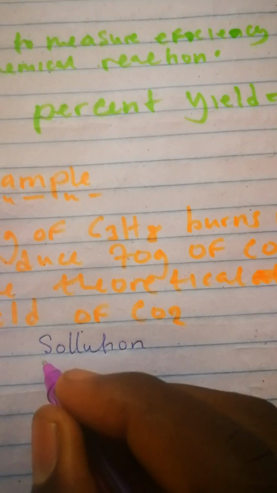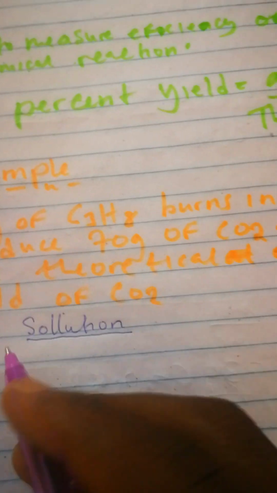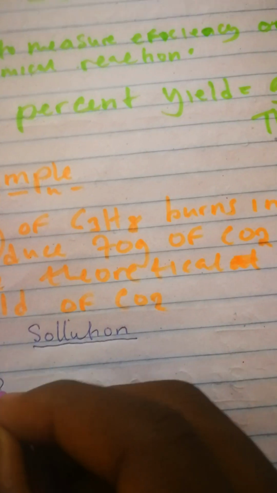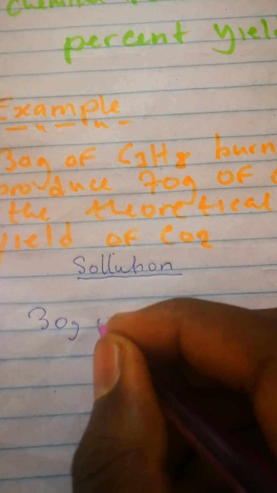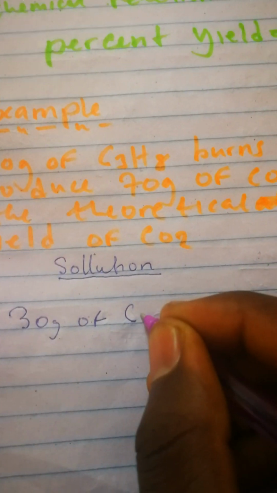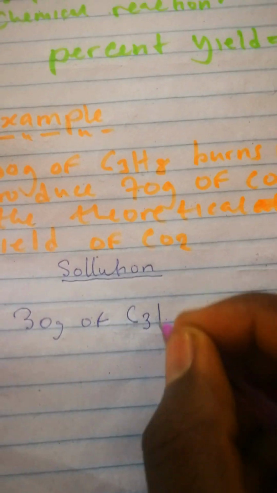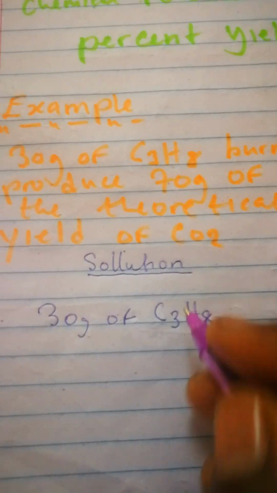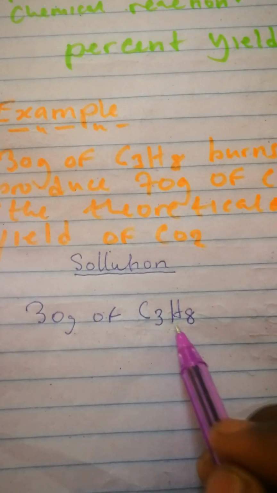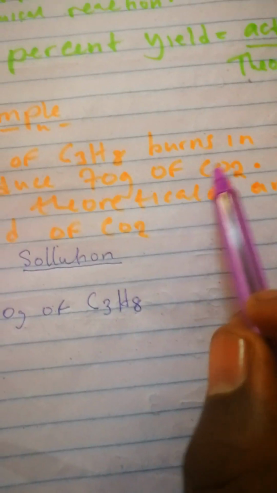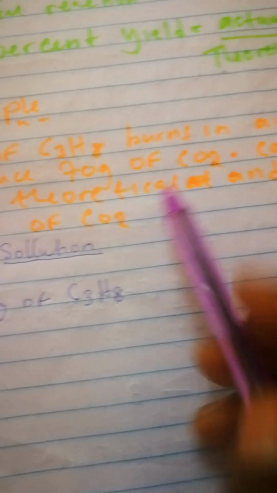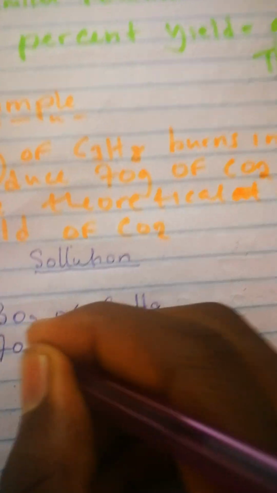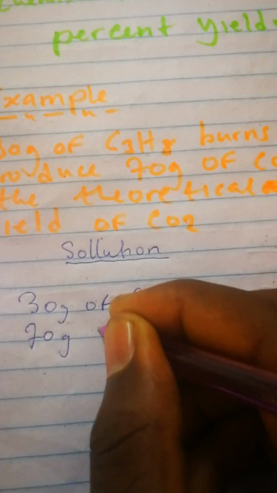So we have 30 grams of C3H8, and it says it produces 70 grams of CO2.